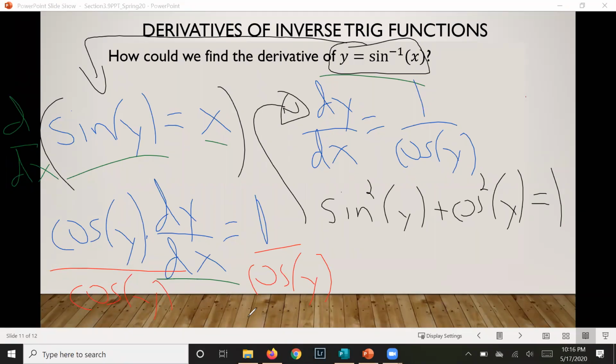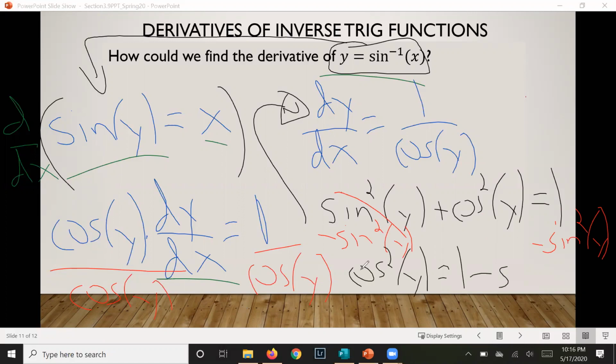So here we can subtract sine squared from both sides. And what that gives us, after these cancel, is cosine squared of y equals 1 minus sine squared of y.